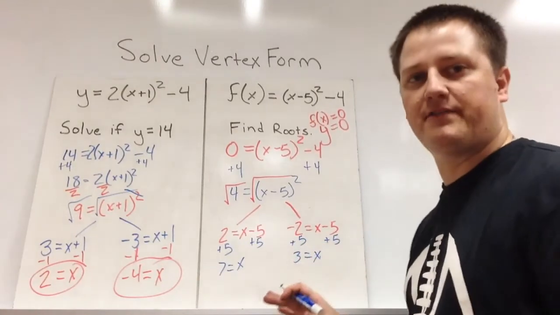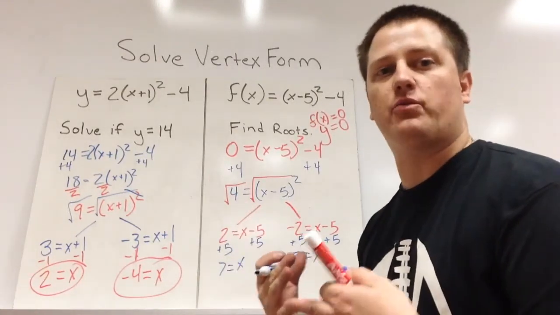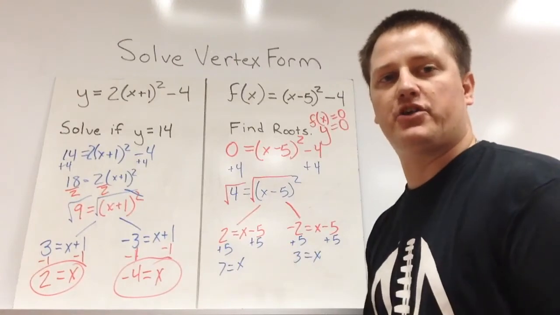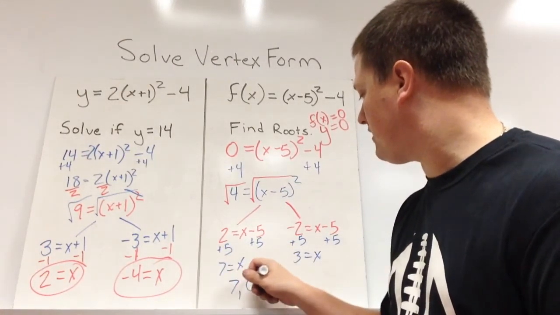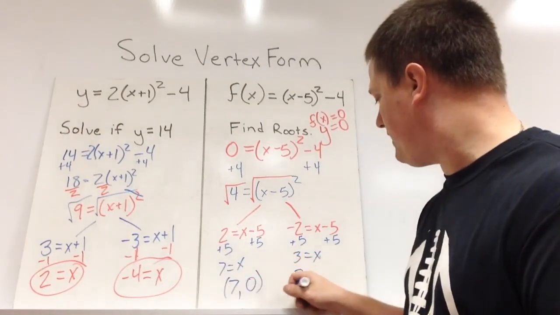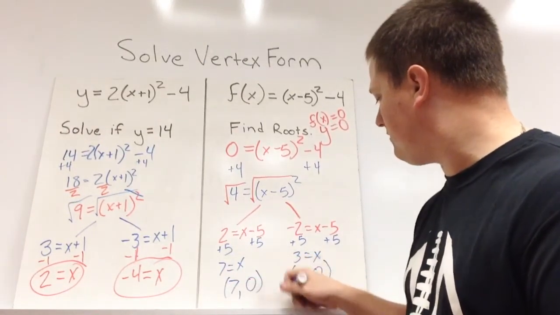So we have our two x values, but in this one they're asking for roots. So it's probably best that we actually write them as roots. So this would be 7, 0 was our y value, and 3, 0.